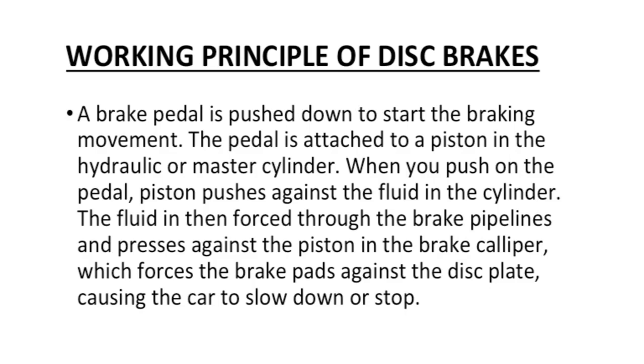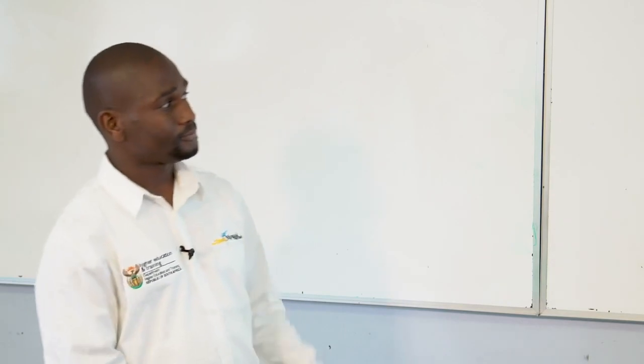Then the fluid flows through the brake pipelines and presses against the piston in the brake caliper, which forces the brake pad against the disc plate. This causes the vehicle or the machine to slow down. So this is the working principle of a disc brake.